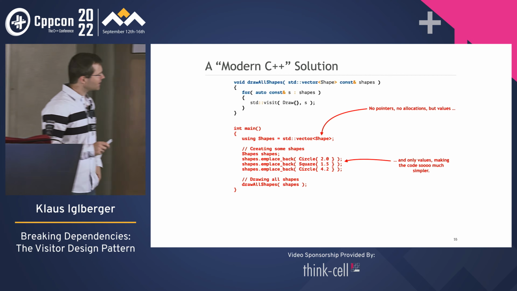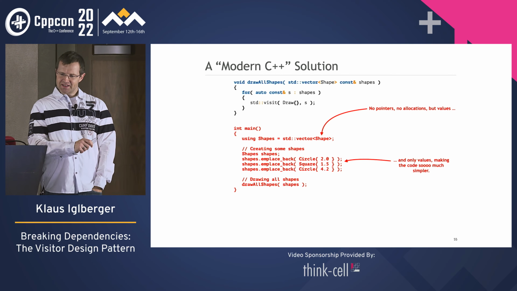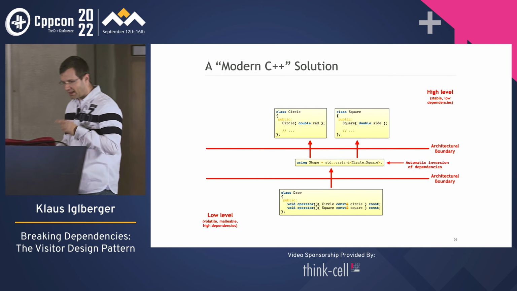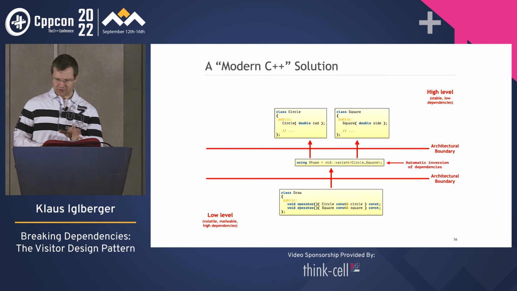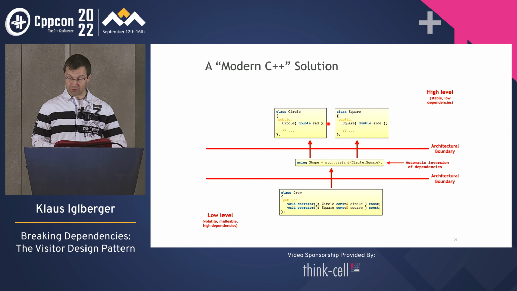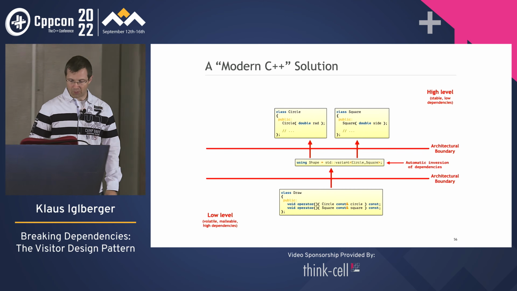But now, is it truly a visitor? Well, actually, it's even a little better. If you take a look at the dependency diagram, then it looks very, very similar indeed. So on top, we have circles and squares, which do not have any dependencies. They're standalone. But the variant needs them. The variant needs the circles and the squares and all the other shapes. This is now what I built my operations on.